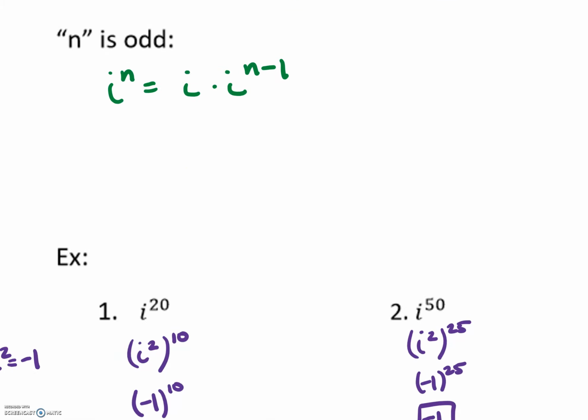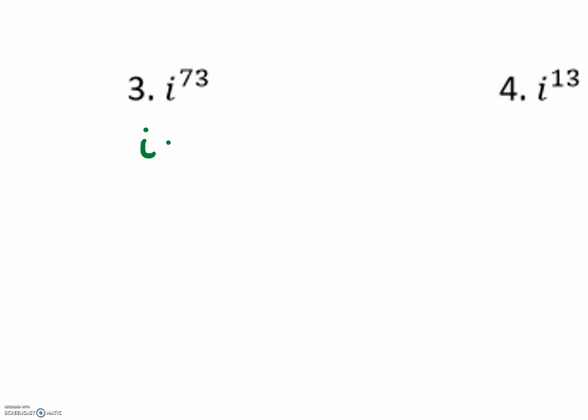So now let's go down and apply that rule. We said i to the 73rd is odd, so all I'm going to do is take an i out. If I take an i out, I'm left with 72. Now notice I can rewrite i to the 72 just like I did in number 1 and number 2. So I'm going to bring down that i.